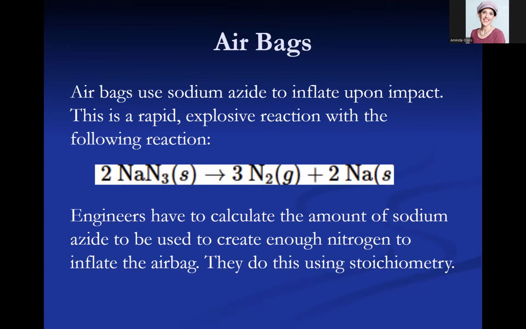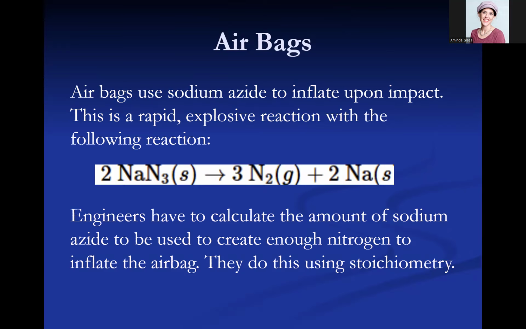So again, chemistry, part of our daily life, it's really important because those engineers have to calculate the amount of sodium azide that we need to start with in order to create enough nitrogen to inflate the airbag. If we know this pressure, again, using our combined gas laws, if we know this pressure and this temperature, how much gas do we need in order to inflate it to this volume?